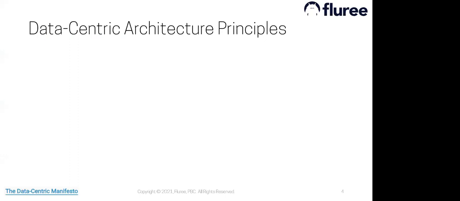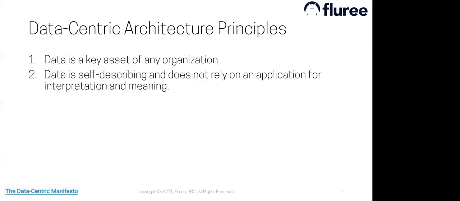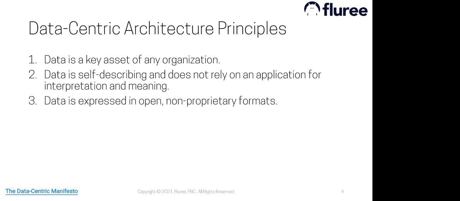the data-centric architecture. Most people on the live audience today coming at this from a knowledge graph type of background are probably familiar with the data-centric manifesto, these key principles where we feel that the key asset of any organization moving forward in a modern economy is obviously the data, and being able to leverage data that can in and of itself not rely on siloed or spaghetti code access that's come about with a traditional application-centric architecture.